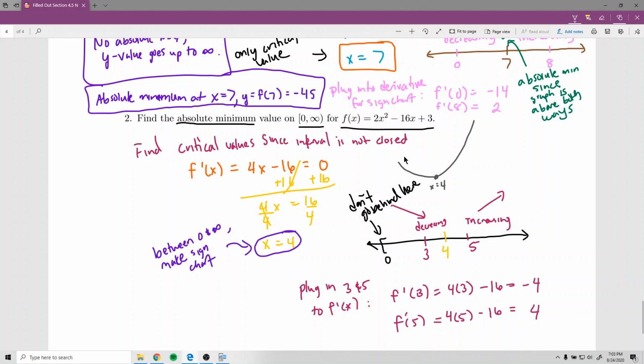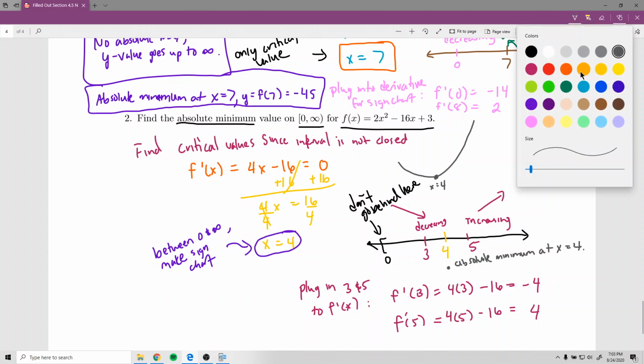Our graph looks something like this, and the 4 here is not only just a local minimum, it's an absolute minimum again. Right? And we don't care about this one not having an absolute maximum.